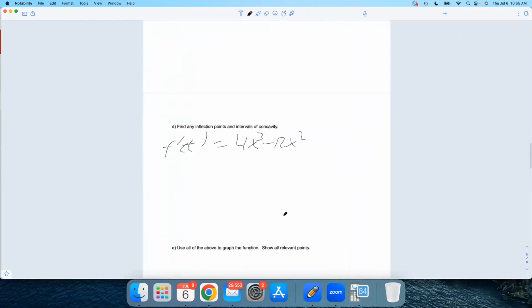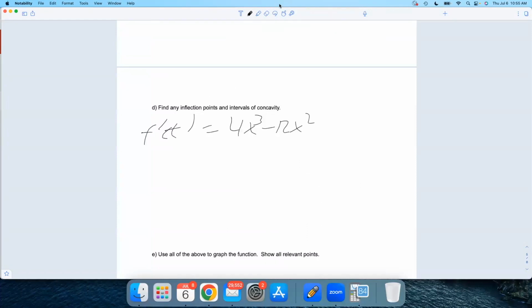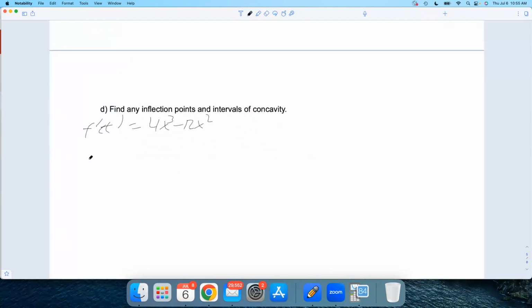All right, now let's take the second derivative. Let me make that guy a little smaller first, though. All right, so my second derivative. What do we get? 12x squared minus 24x.